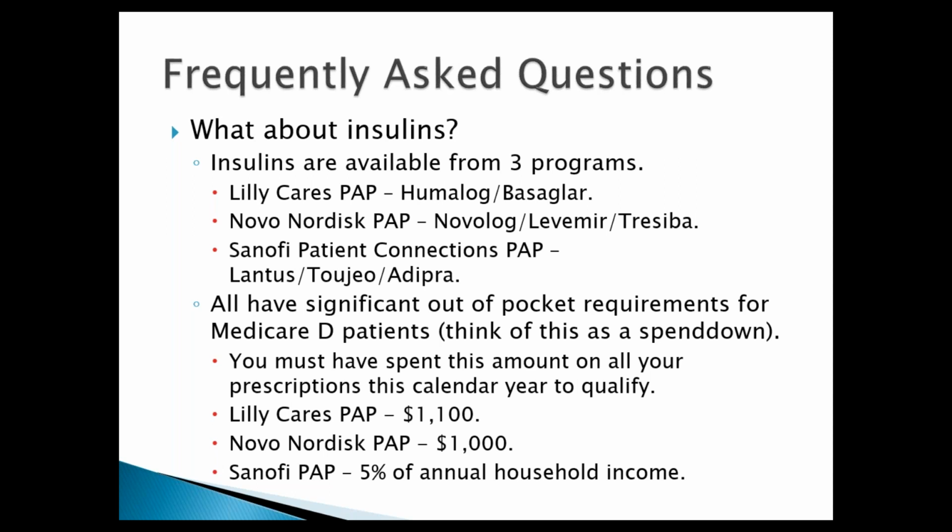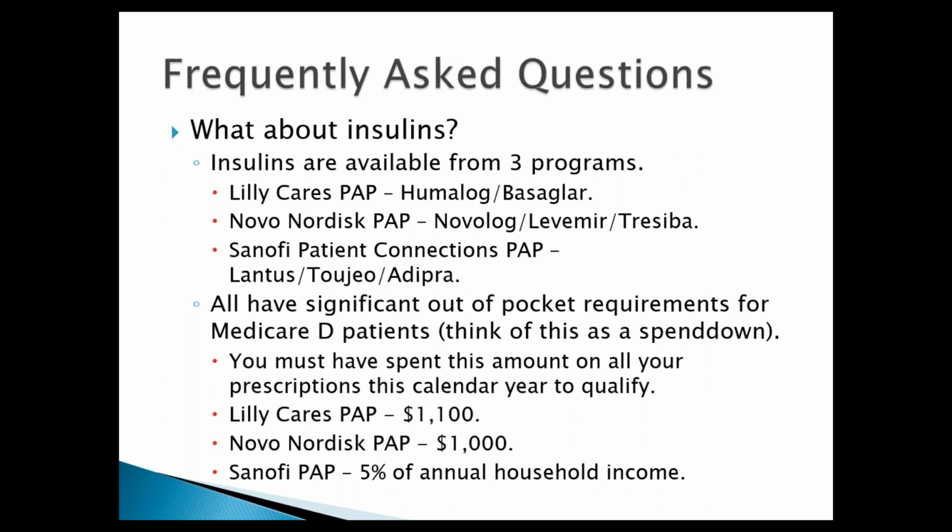And Basaglar is a biosimilar to Lantus, which means it's the same insulin molecule. So it's roughly equivalent to Lantus. Novo Nordisk has Novolog, Levemir, and Tresiba, and Sanofi has Lantus, Toujeo, and Apidra. And so those are like long-acting, short-acting, quick-acting medications.